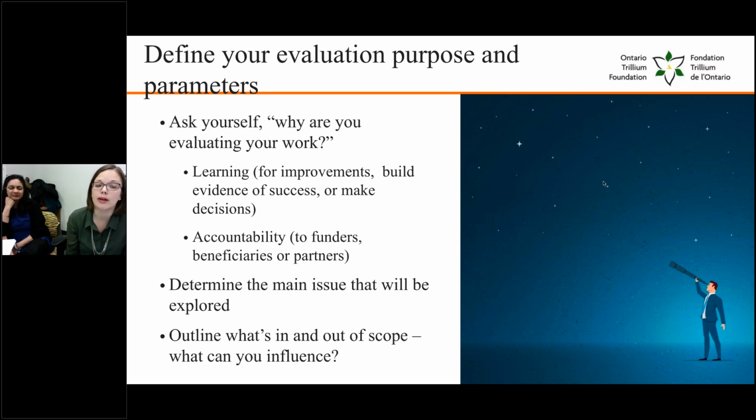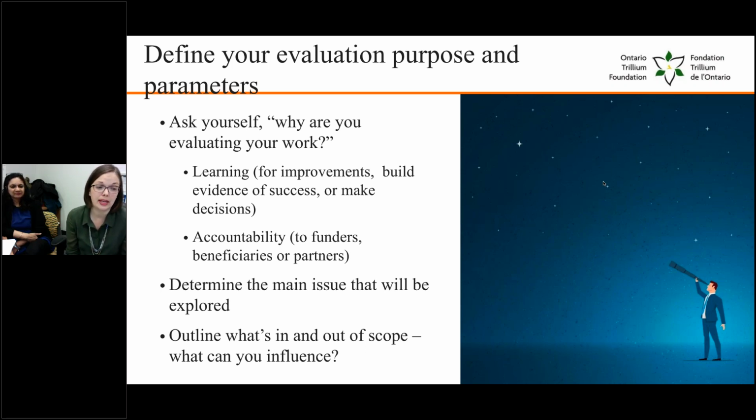Is it mostly around accountability to funders, beneficiaries, or partners? So what kind of story will I need to be able to tell at the end? That might also impact how you go about it. So it will really help you focus on what you need to learn.